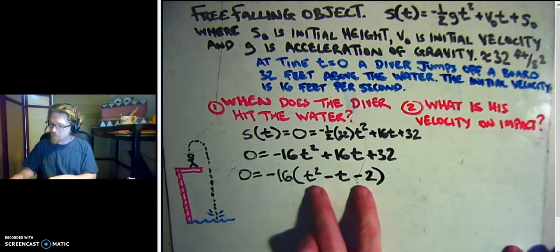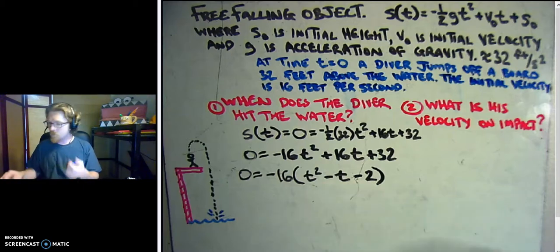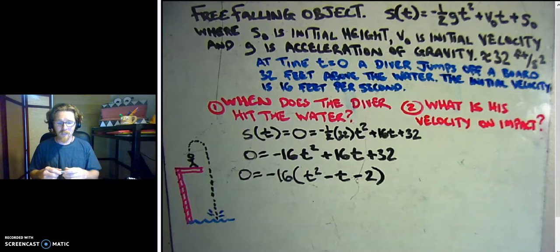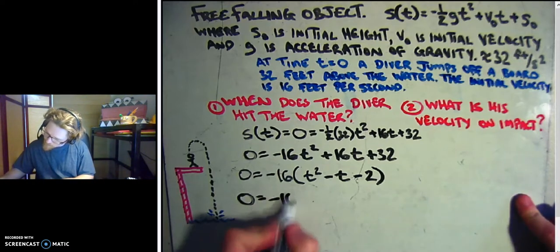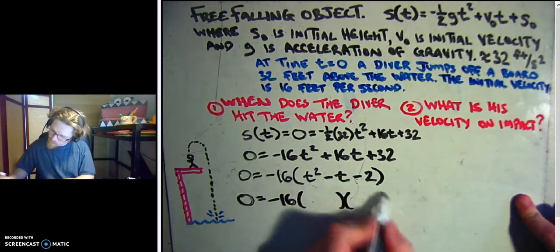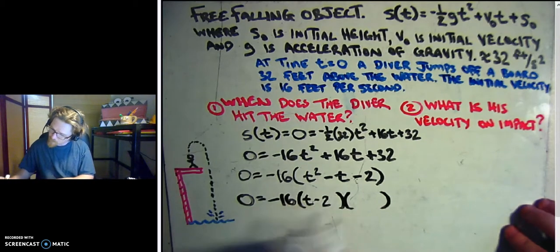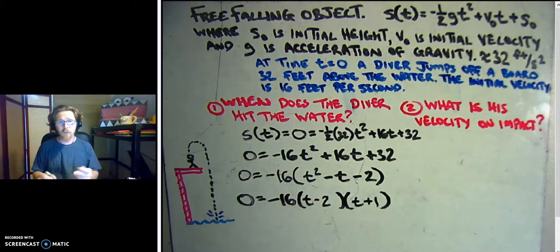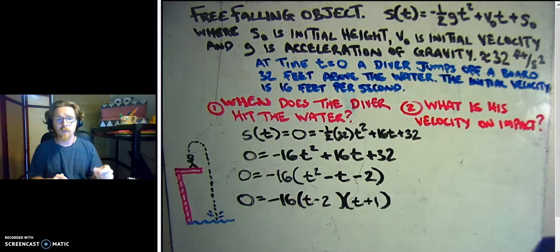Now this is a trinomial that can be factored. I need two numbers that multiply to make negative 2 and add to make negative 1. That's how I think about factoring. And so my numbers are going to be a negative 2, so t minus 2, and a positive 1, t plus 1. So I now have this set in a way that I can solve for t.